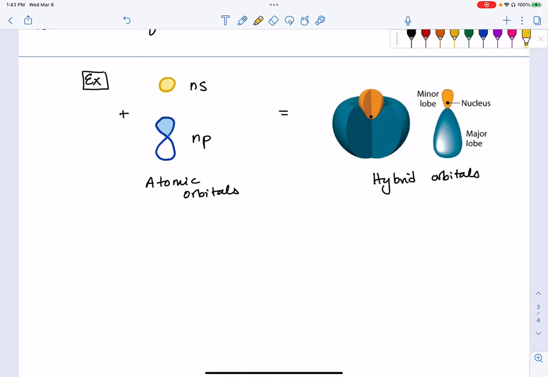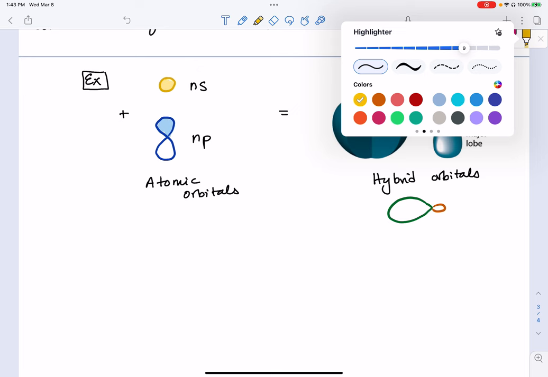So I can think about it as this overall big greenish shape with the resulting small little orange lobe.